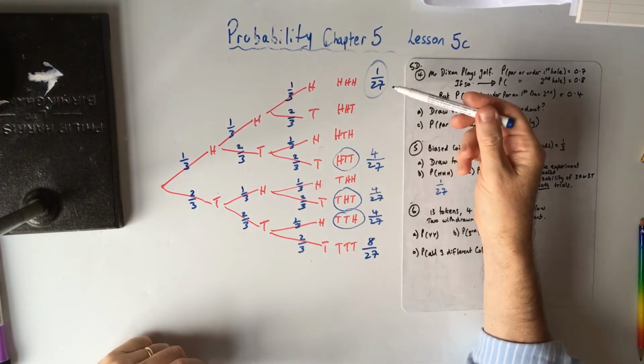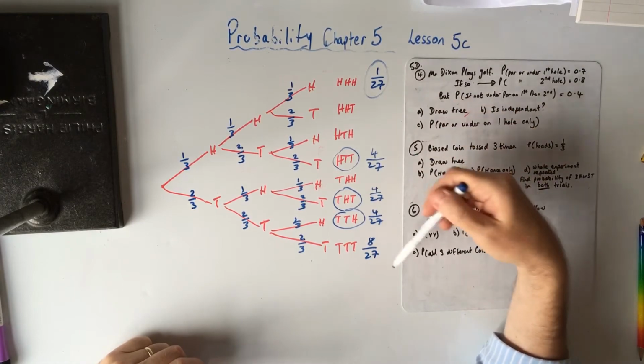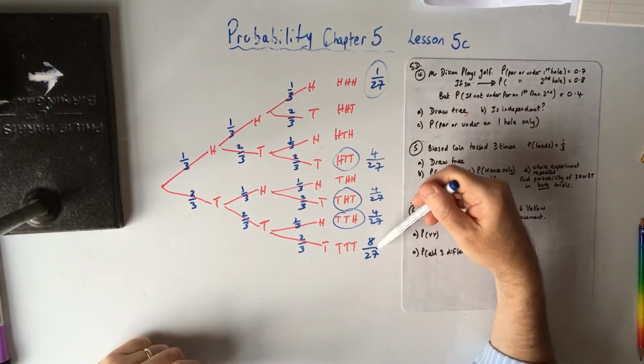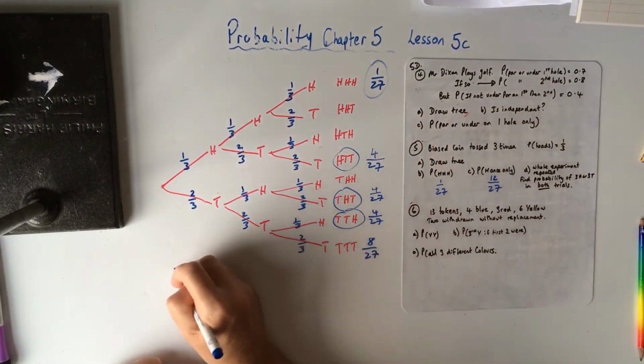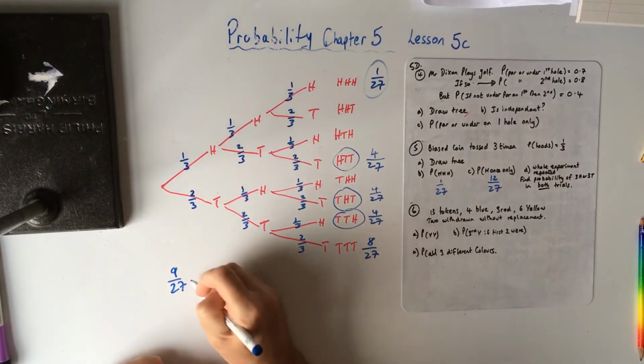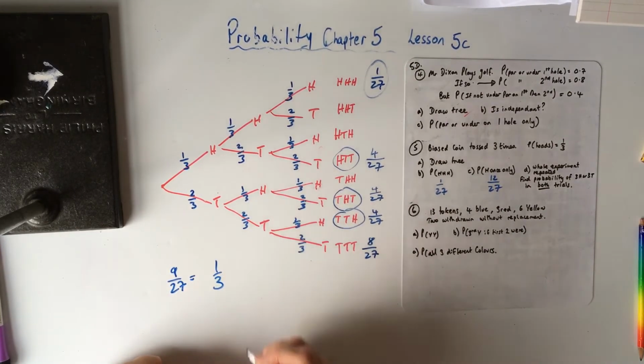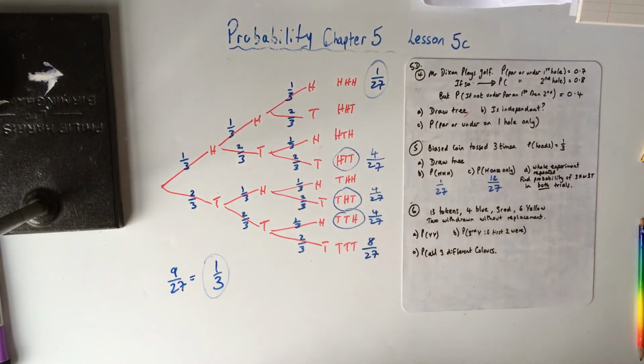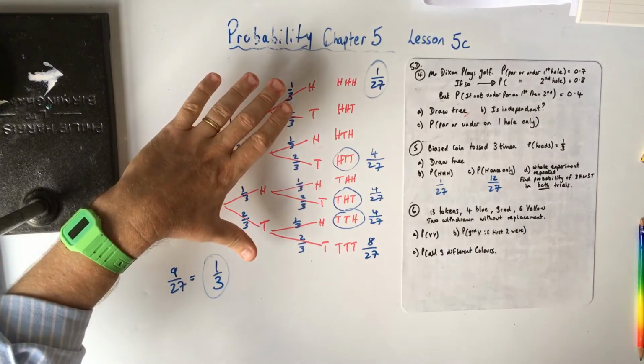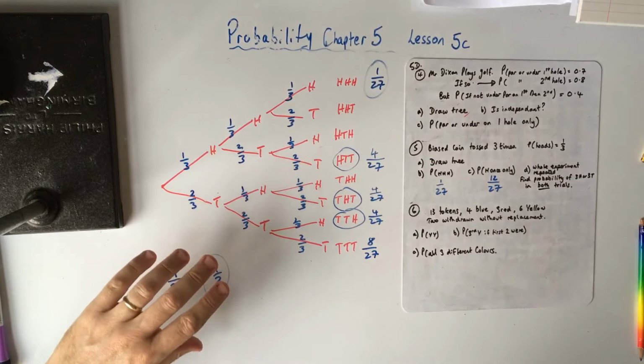So the probability of getting on the first trial 3 heads or 3 tails is 8 out of 27 plus 1 out of 27 is 9 out of 27, isn't it? Which cancels down to a third. So the probability of getting either 3 heads or 3 tails on the first is a third.